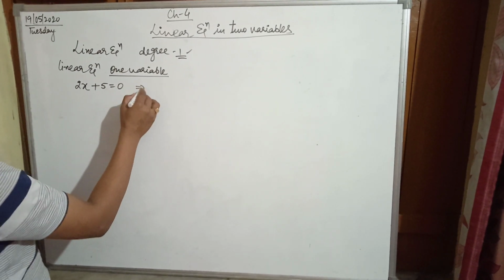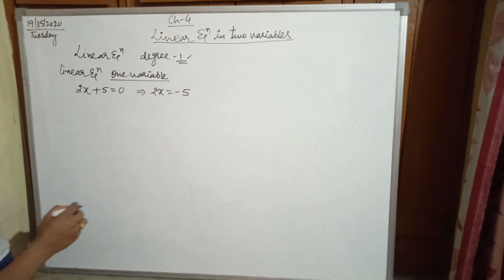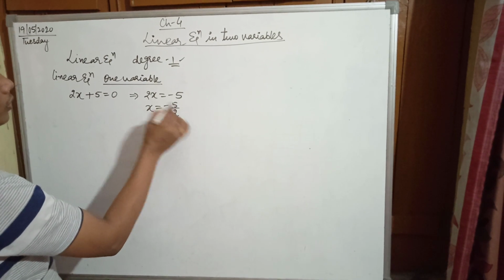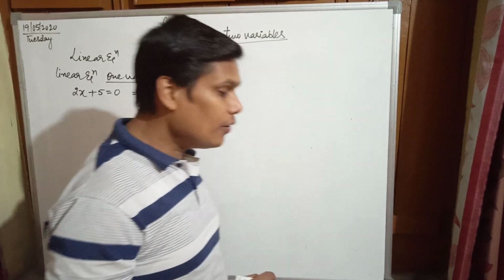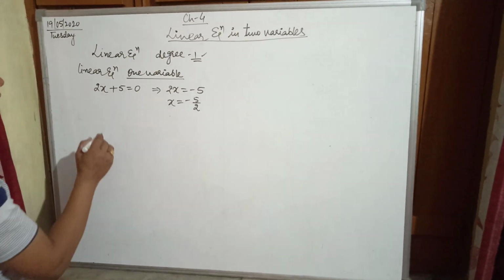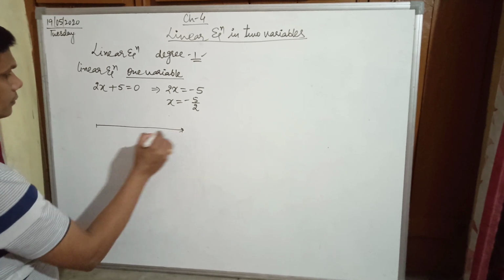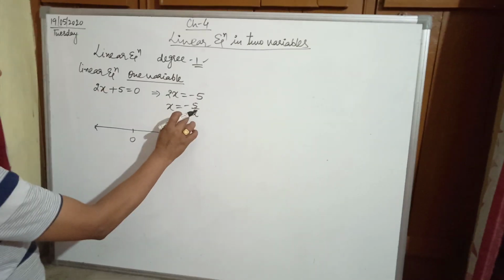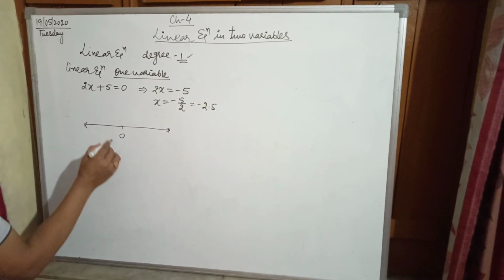If we solve it, then the answer will be 2x is equal to minus 5, or x is equal to minus 5 upon 2. If x is equal to minus 5 upon 2, it will be represented on the real number line. This is the x-axis. This is 0 and this is minus 5 by 2, which means approximately minus 2.5.